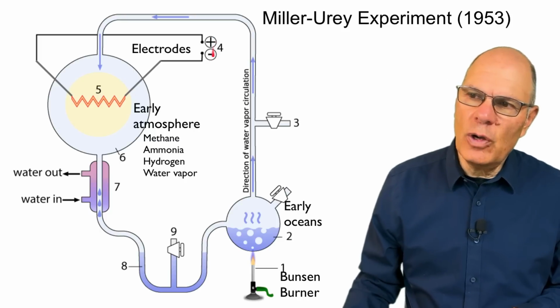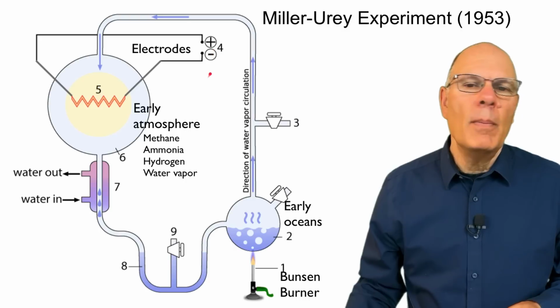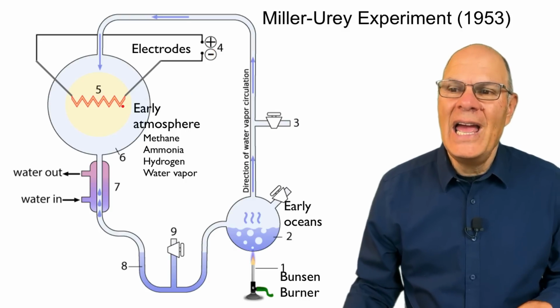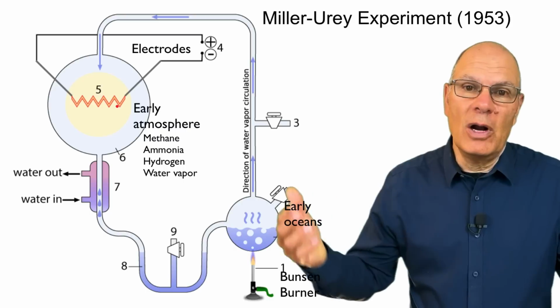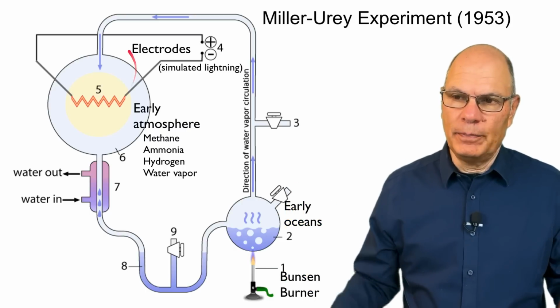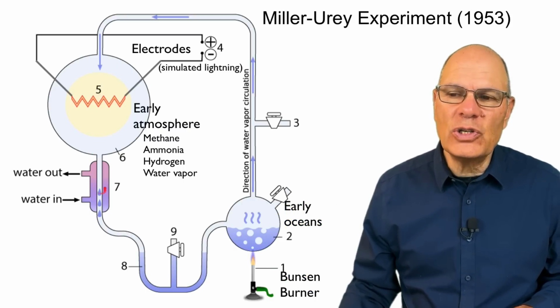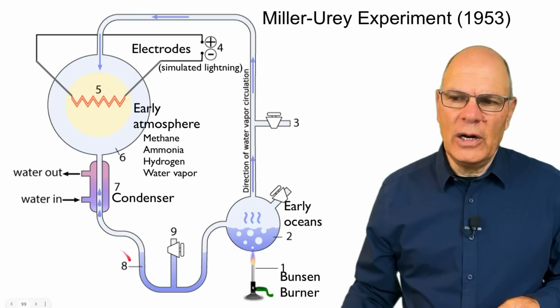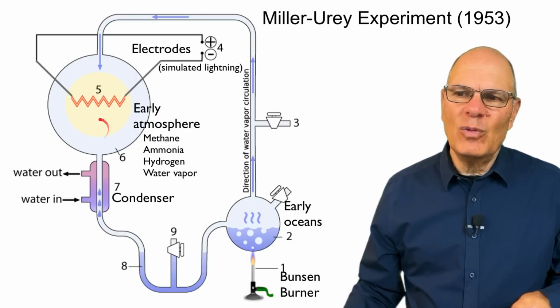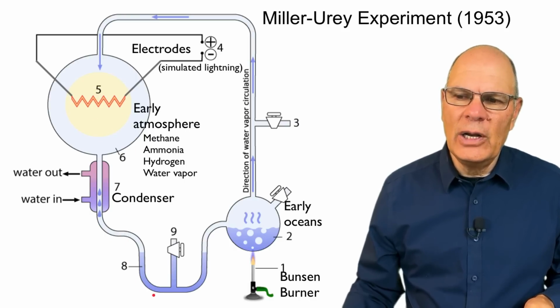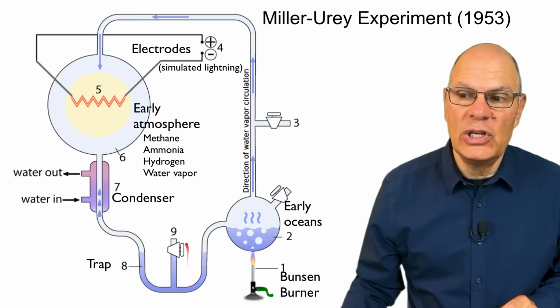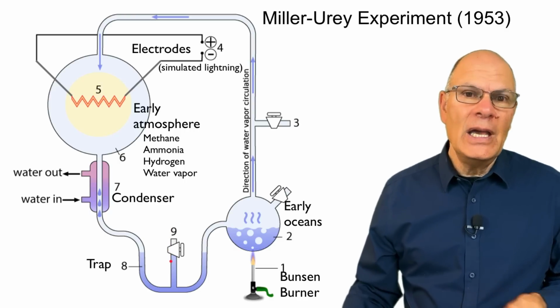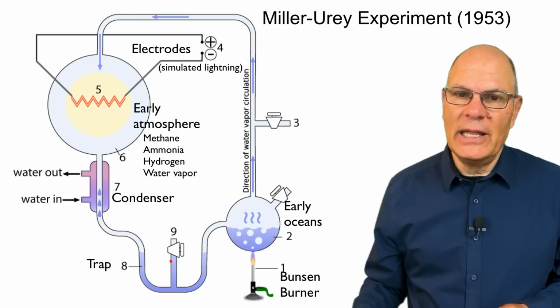There were electrodes, shown over here at number 4 by this plus and minus sign, and what they did is they produced sparks, which simulated lightning. The gases continued to circulate. They circulated through this condenser over here, and that caused whatever was formed in this chamber here to be caught within this trap. This trap could be sampled without contaminating the apparatus.